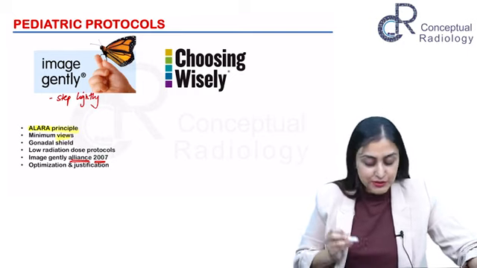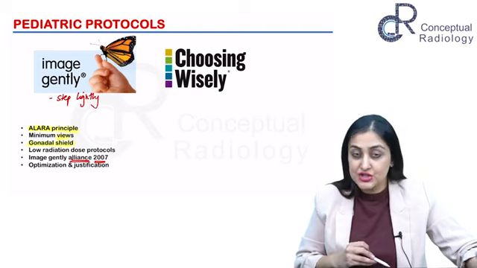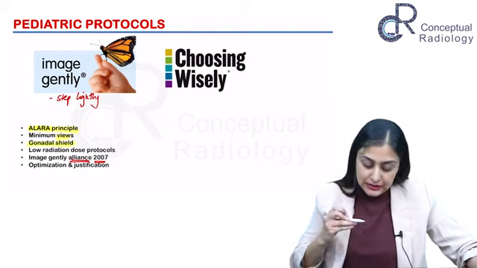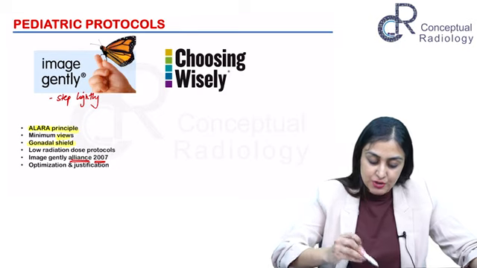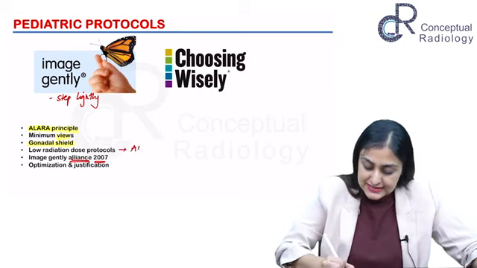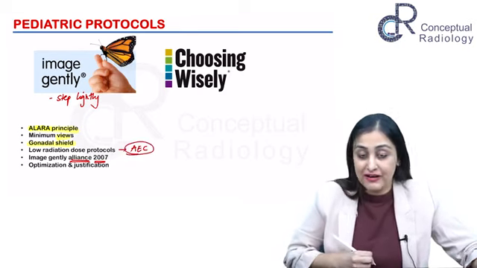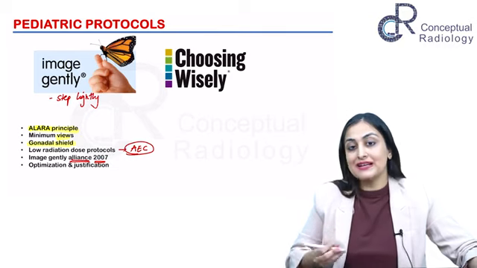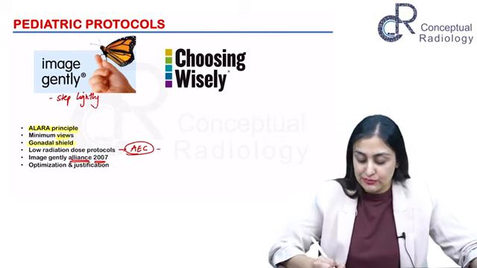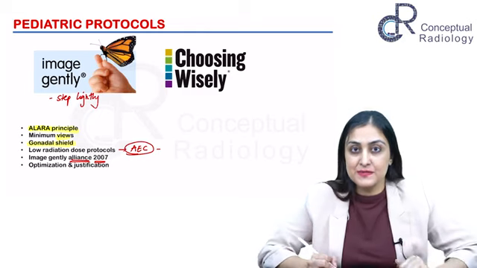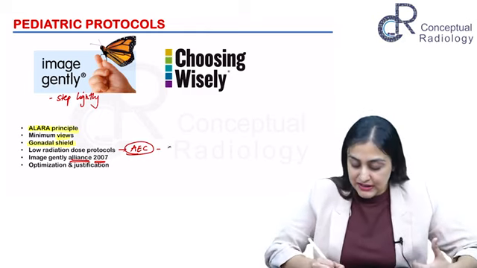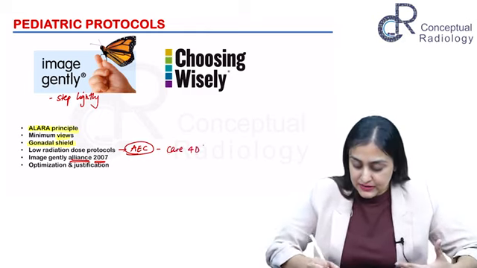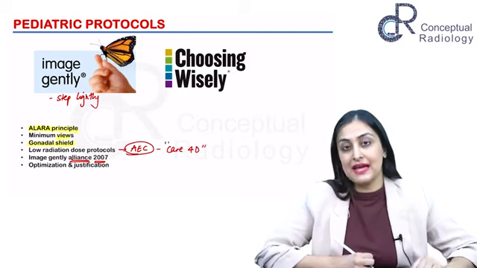ALARA. Then you want to take minimal views. Use gonadal shield in X-rays all the time. You have to use lower radiation dose protocols. So nowadays in CT, again something very important for your Vivas is AEC, automatic exposure control. In a lot of machines they have different names depending on the brand, but in most of the machines it will be CARE 4D.